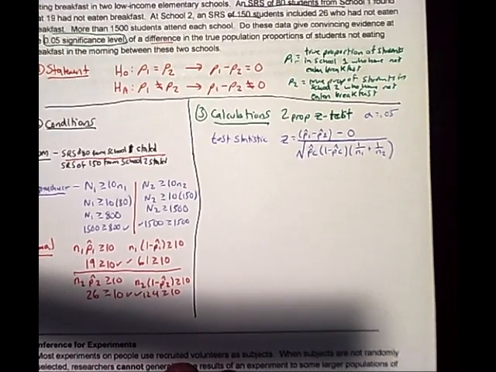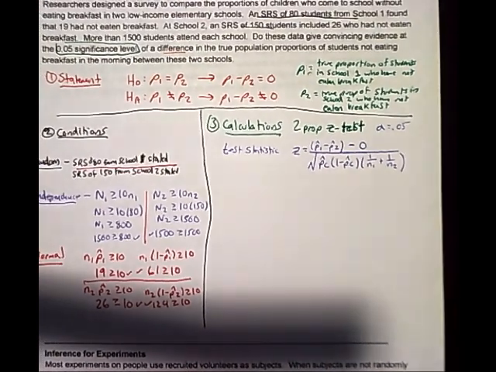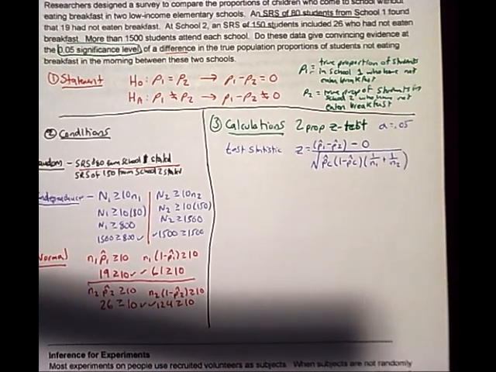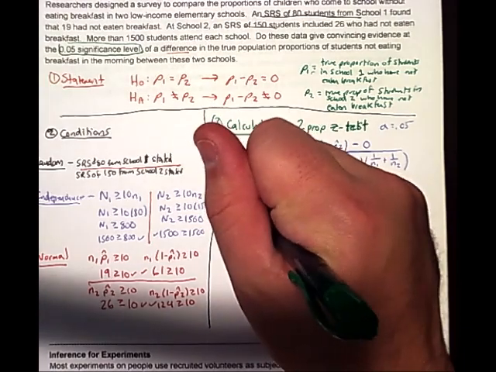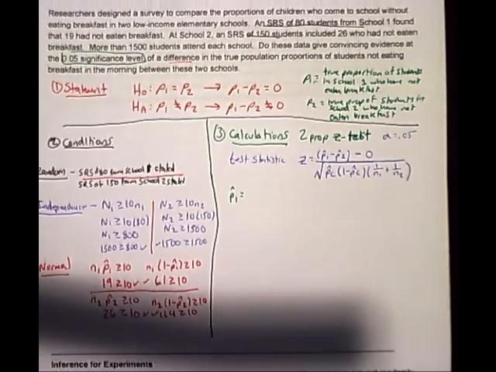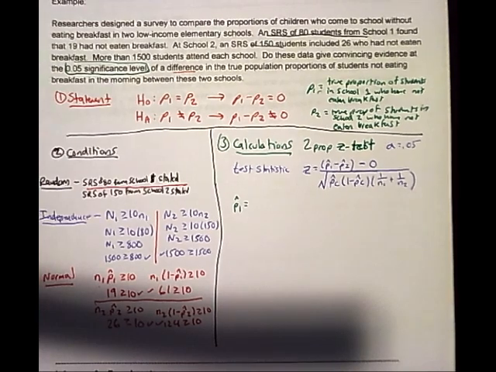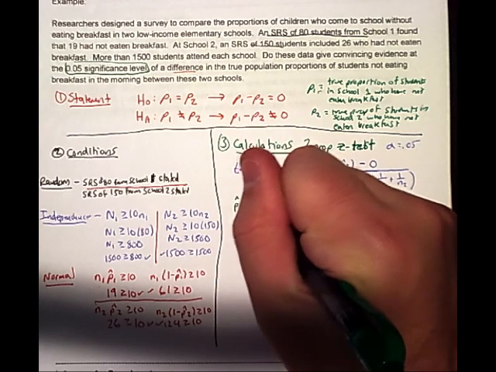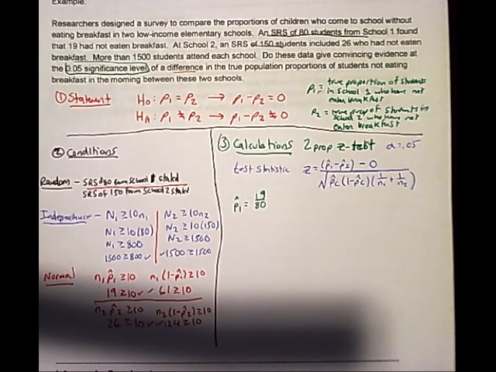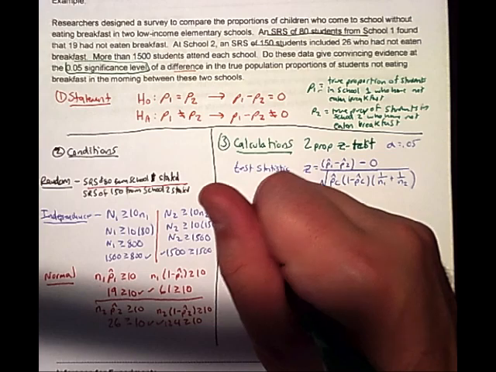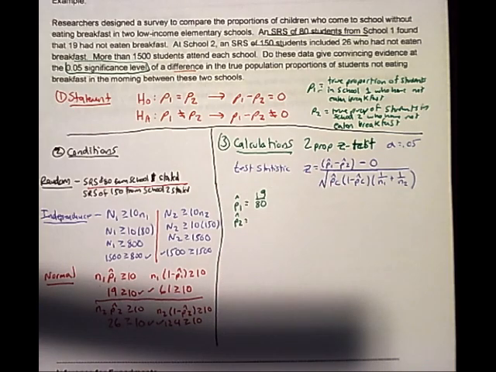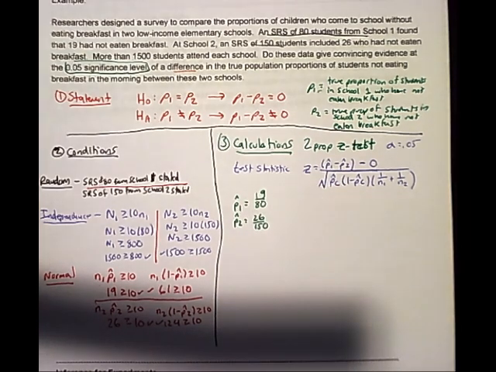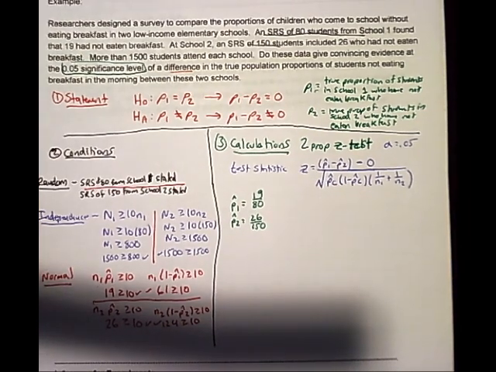So let's figure out what these things are, and then we can plug them in. p hat 1, that's from school 1, 19 out of the 80. p hat 2 was 26 out of the 150 who didn't eat breakfast. What else do we need in this formula?